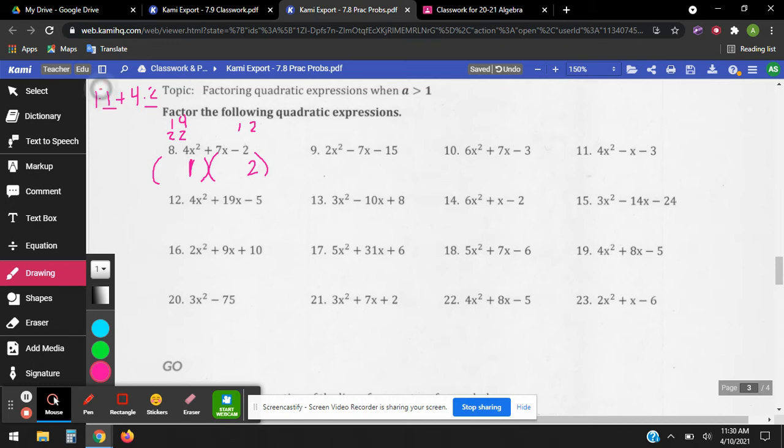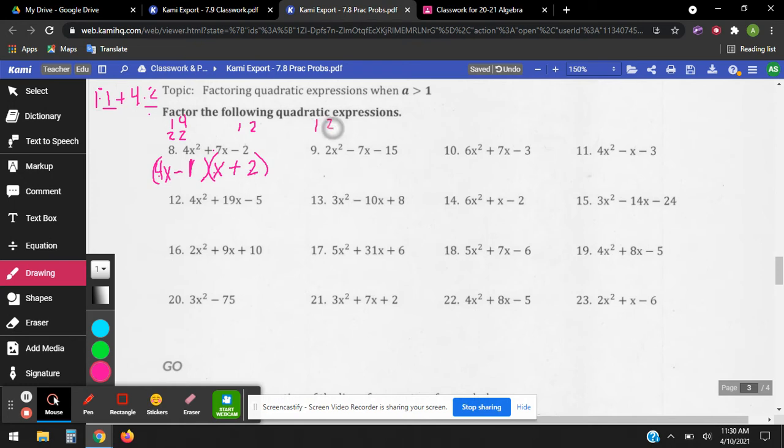So let's minus the 1, because I know 4 times 2 is 8. 8 minus 1 would be 7. So I need the 4 times the 2, which means the 4x needs to come over here. The x needs to be over here. I need a negative 1, and I need a positive 2. So let's double check. 4 times 2 is 8, minus 1 is 7x. Negative 1 times positive 2 is a negative 2. So that one works. Let's try the next one.